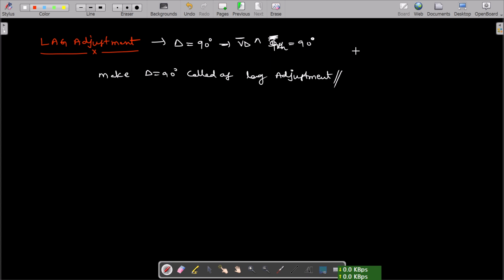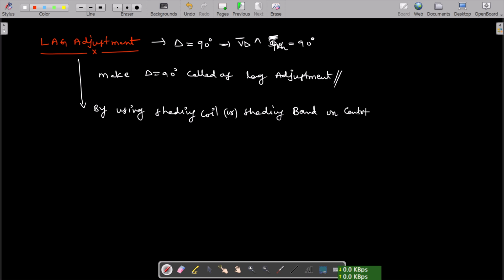This lag adjustment is done by using a shading coil or shading band on the central limb of the shunt magnet.